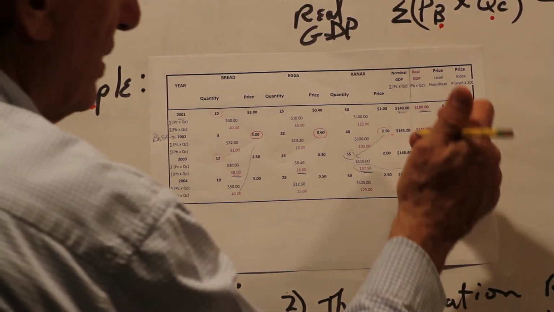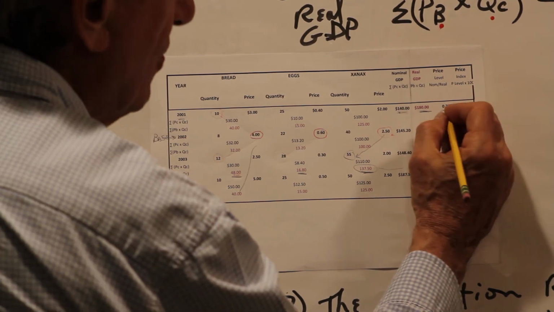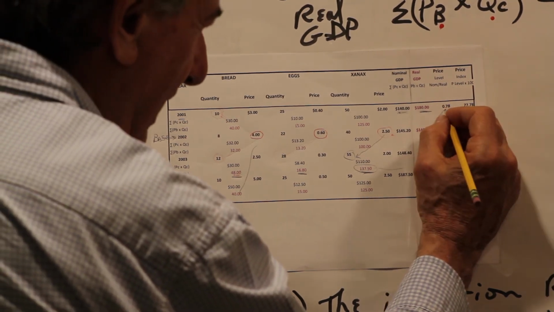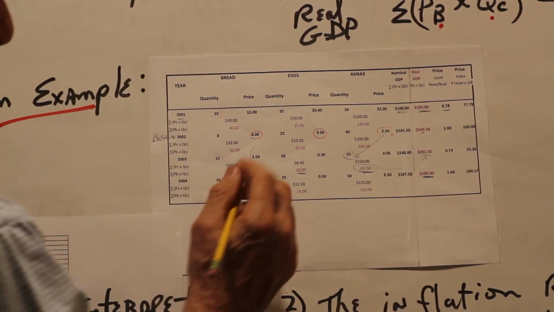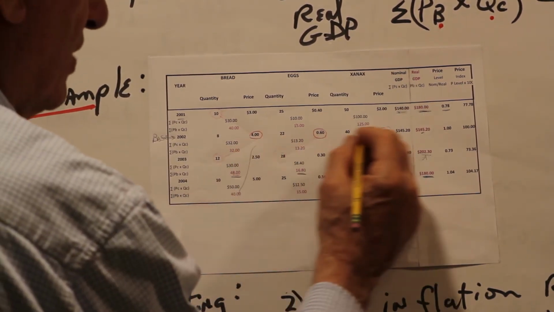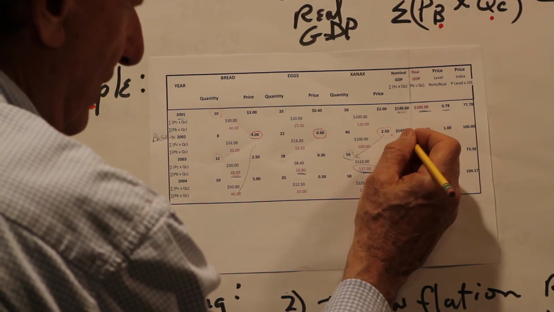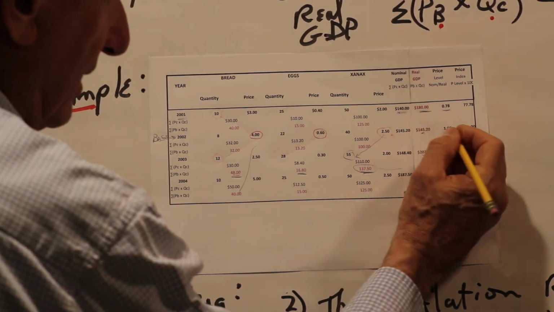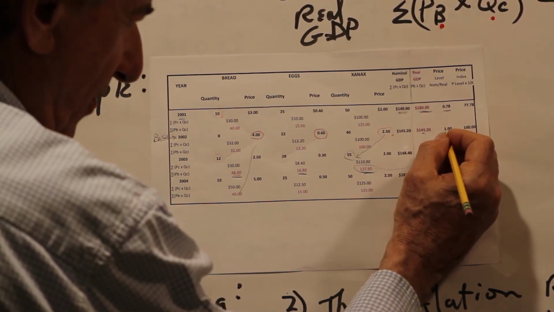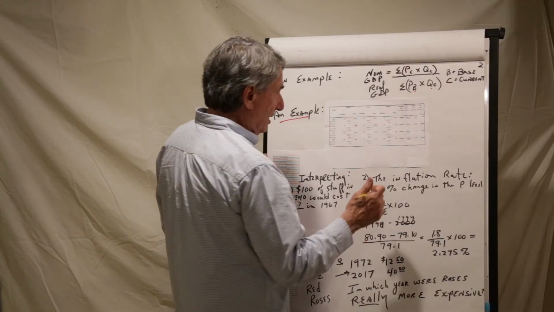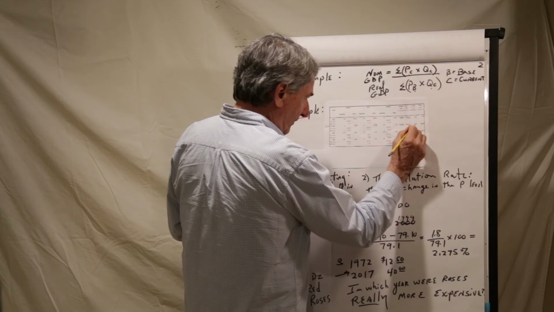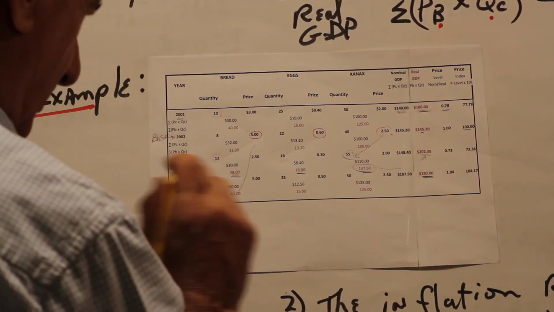If we want to convert the price level to a price index, we multiply it by 100, and we get 77.8, really. It turns out that when we divide nominal by real in the base year, it always comes out 1 and the index is always 100. So that's how you know what the base year is. The price level is 1 and the price index is 100.